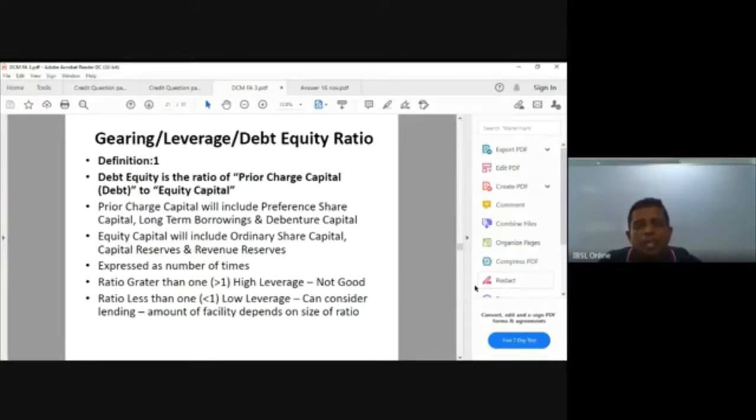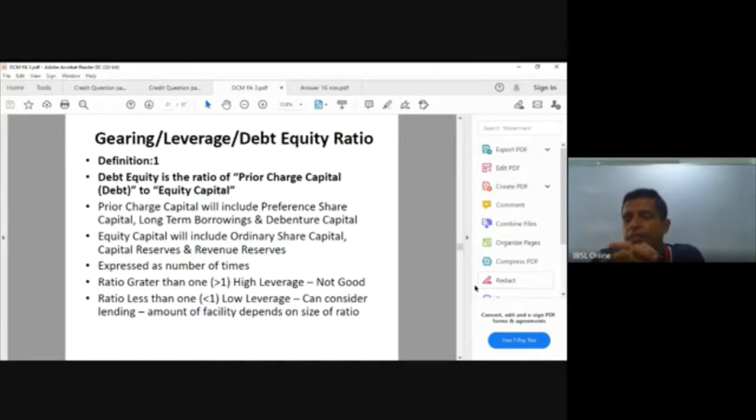Because under equity capital, when the equity holders have put in their money, there is no commitment to repay or to give a return to them. Only if there is profit do you have to declare dividends, and that dividend percentage is also not fixed.